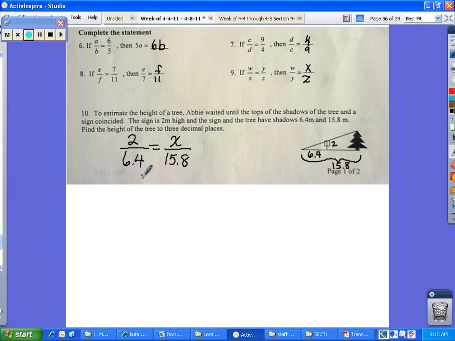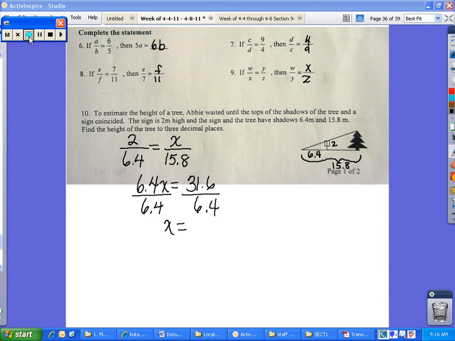Cross multiply, you get 6.4x equals 31.6. Divide both sides by 6.4, and you get that x is equal to 4.9375. And that's meters.